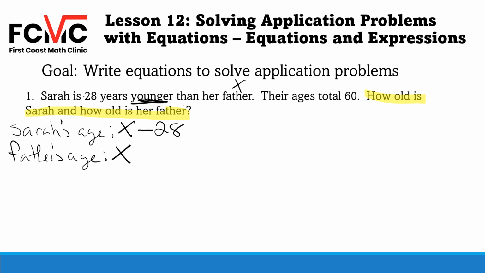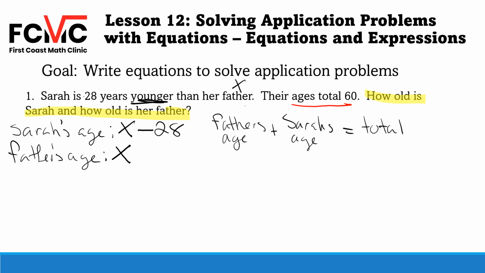Now, we know that their ages total 60. So let's think about the relationship that we could set up, and set up maybe a verbal equation first before we write our mathematical equation. So if we do the father's age plus Sarah's age equals the total.